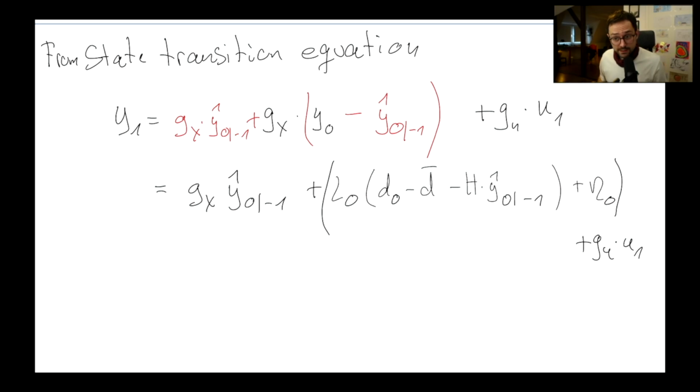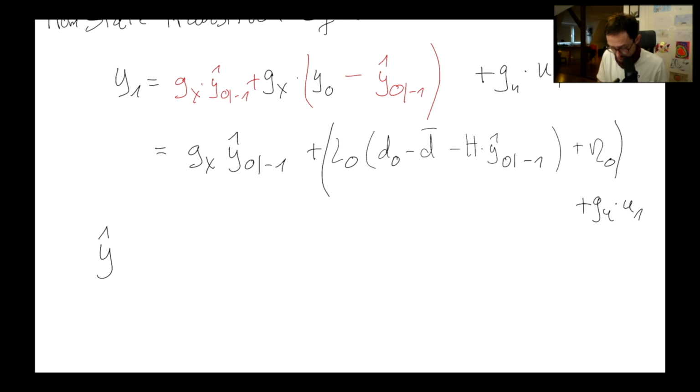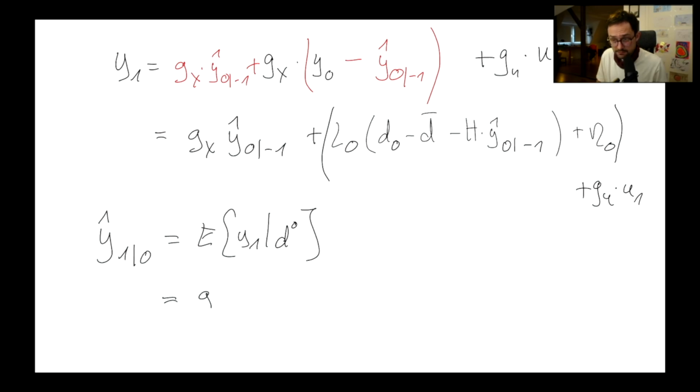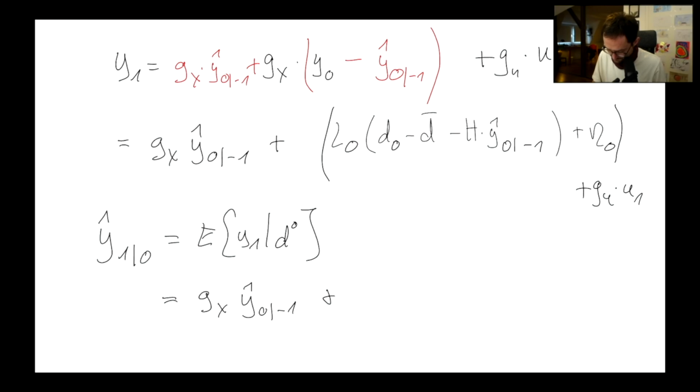Let's try to forecast tomorrow's state given information until time t. So y hat 1 given 0. Again, that's the conditional expectation of y1 given d0. Given this equation, that will be Gx. That's already the forecast there. Plus, sorry, I'm missing something here, of course. The Gx right there.